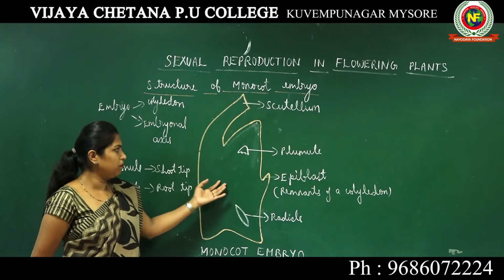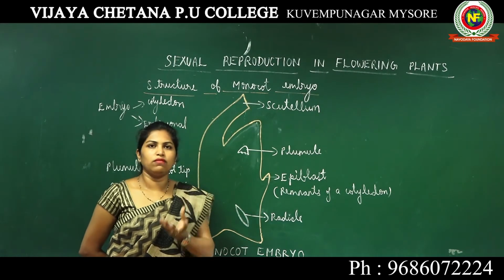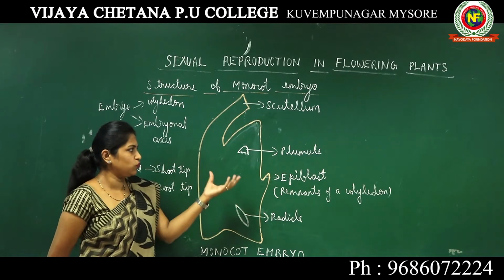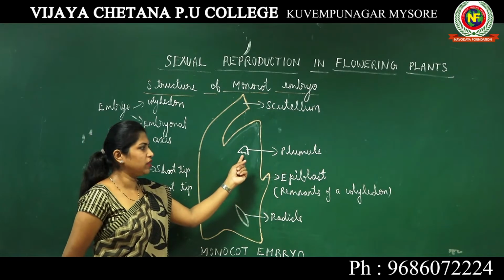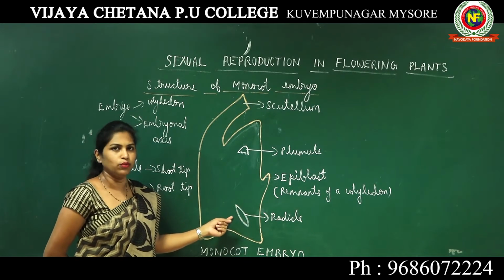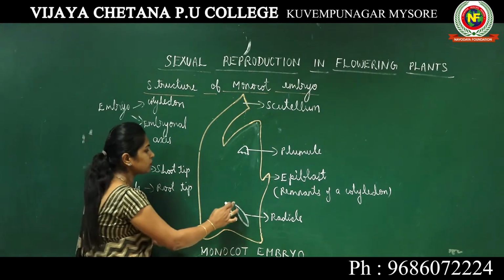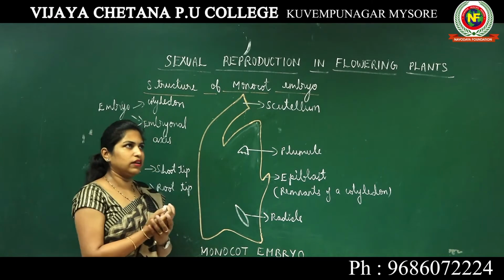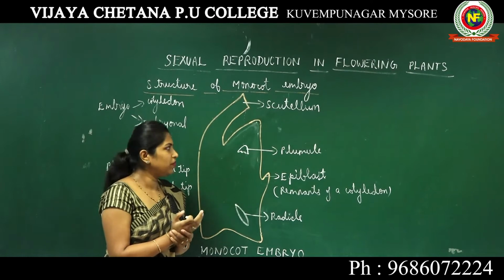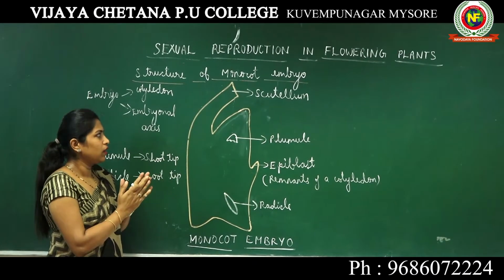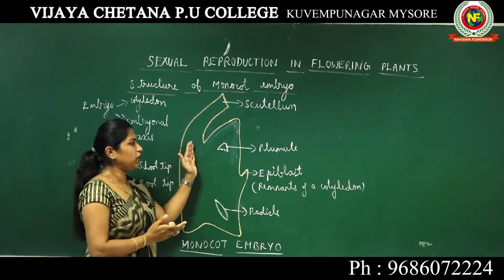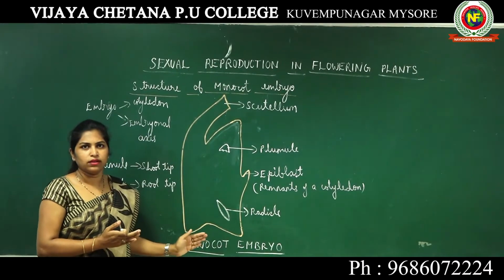You all know the embryo develops into a new plant. When the embryo gives rise to a new plant, the plumule part gives rise to the shoot, whereas the radicle part gives rise to root. Now, while studying the dicotyledon embryo, we have studied that there are two regions in an embryo known as epicotyle and hypocotyle.